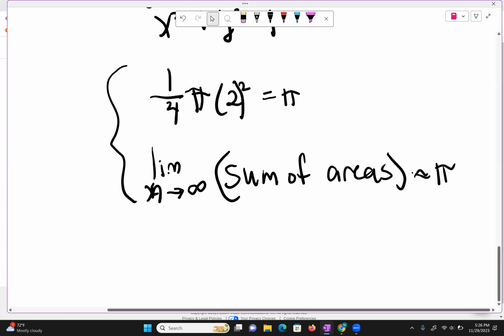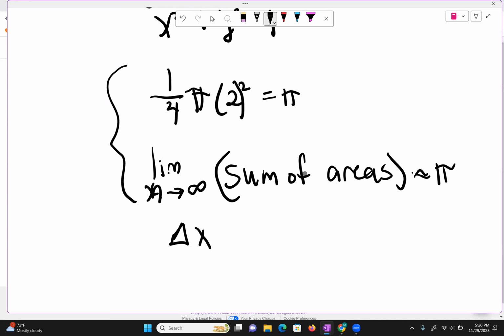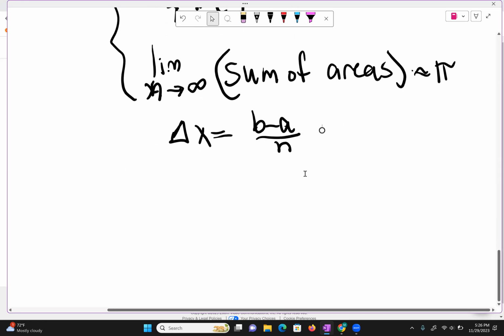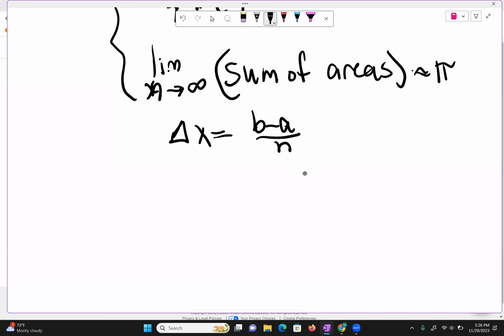They also say that in terms of the sum area of the x, delta x is approximately b minus a over n. And so we're going to see this in the definite integral problem.